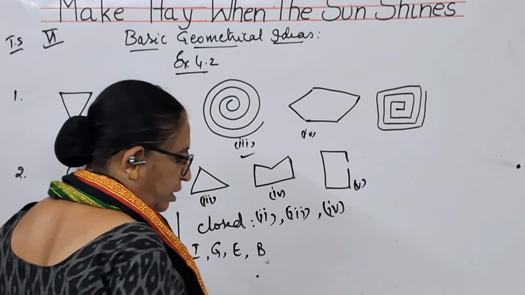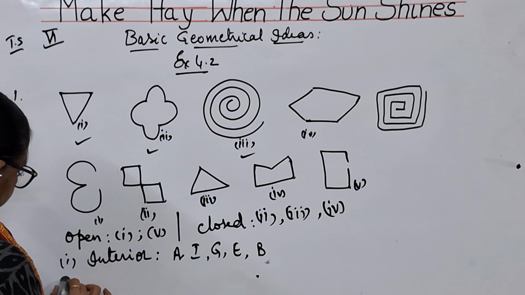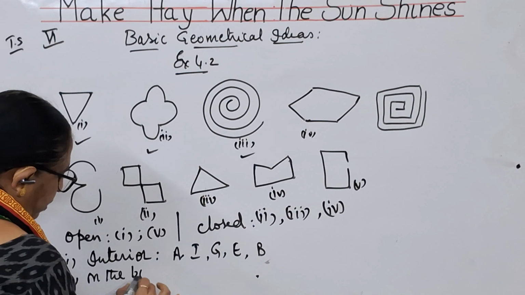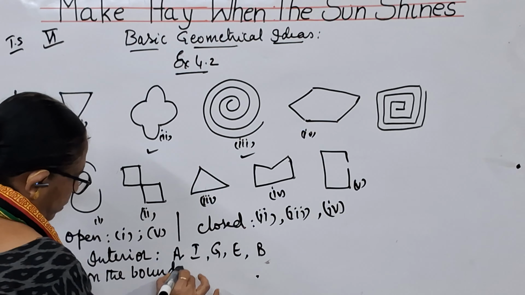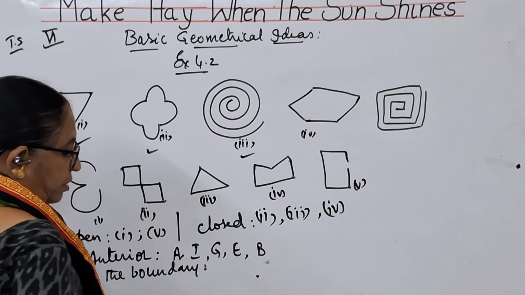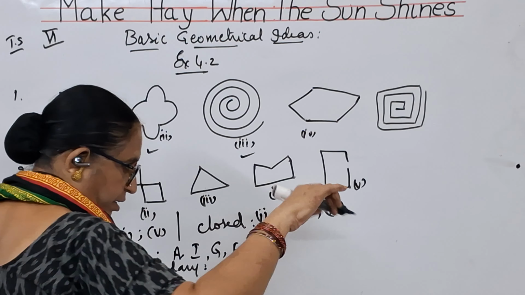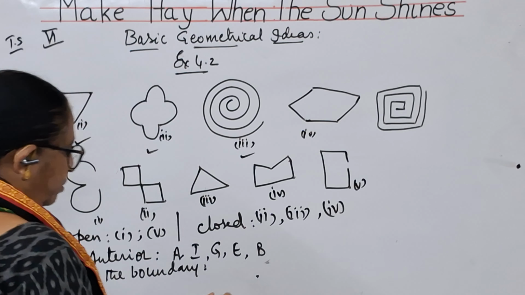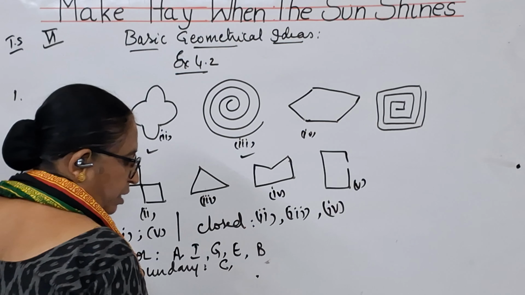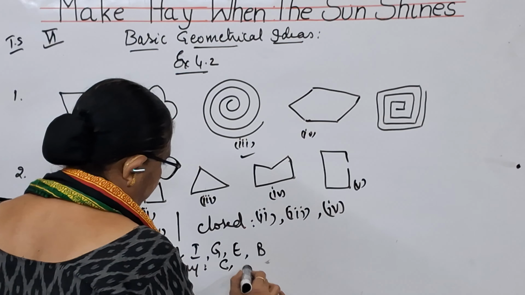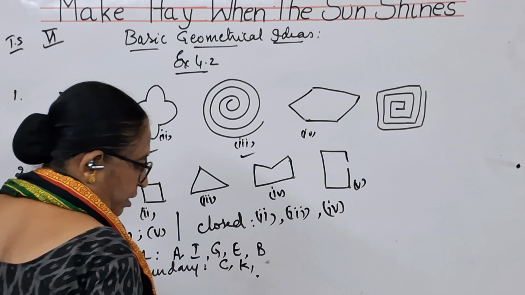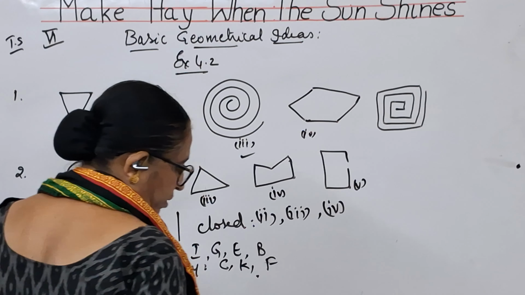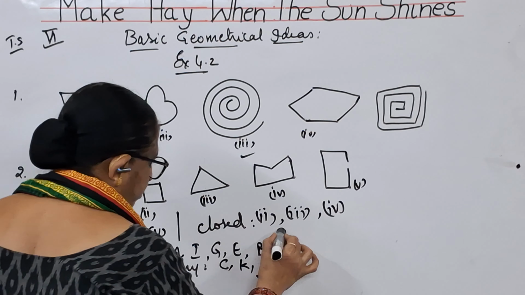And the next one, second one, on the boundary. On the boundary means upon the line that makes that shape. That is, you have got C and you have got K and you have got F. These are the figures on the boundary.